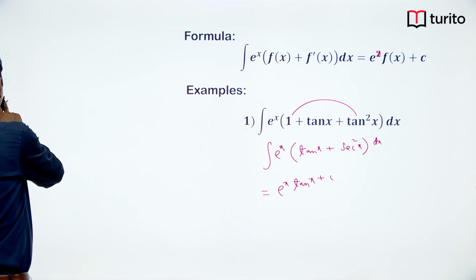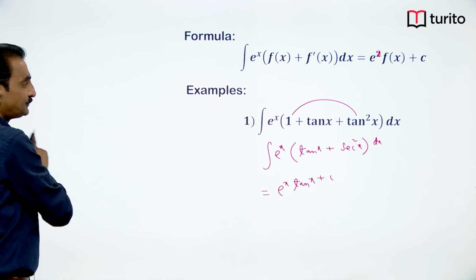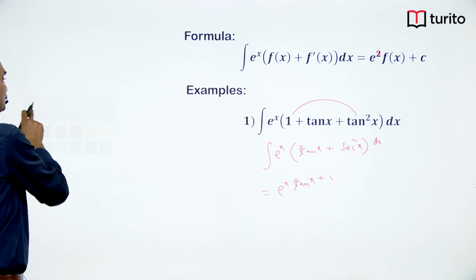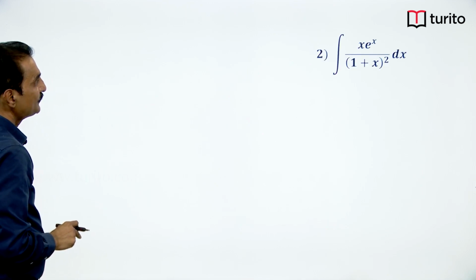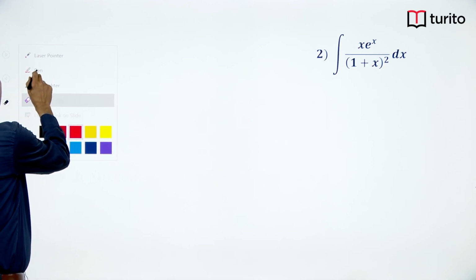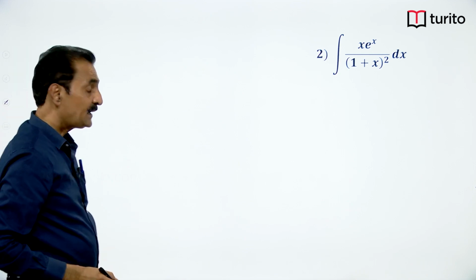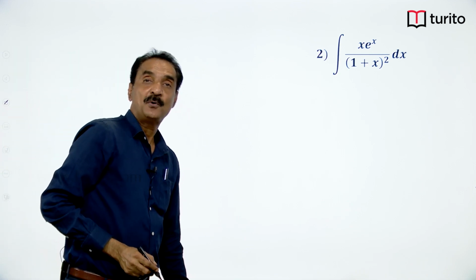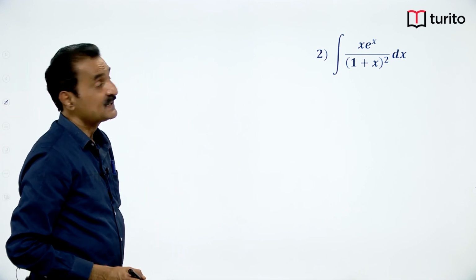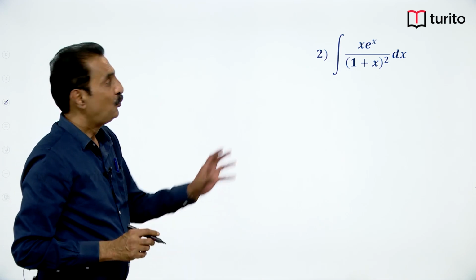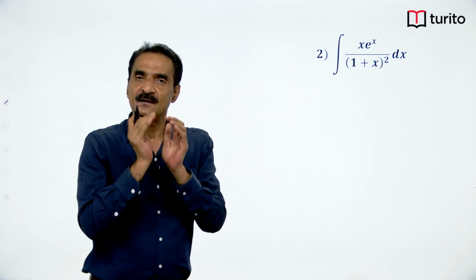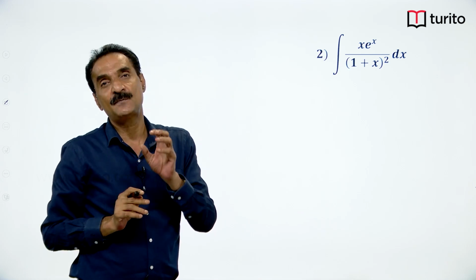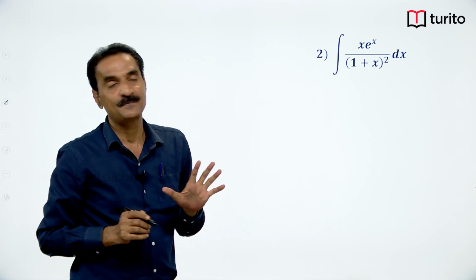Next example, integral e power x into x by (1 plus x) whole square. Whenever e power x is there, try to write the remaining function in the form of f of x plus f dash x.